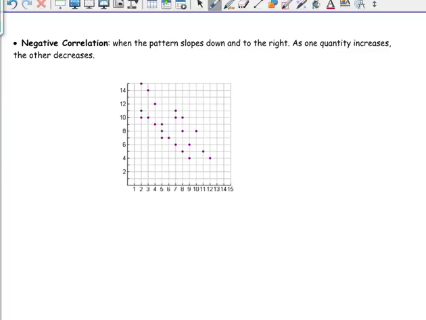So for example, let's think of two things that are negatively correlated. An example could be as you spend more time studying, so hours spent studying, you're going to spend less time watching TV.